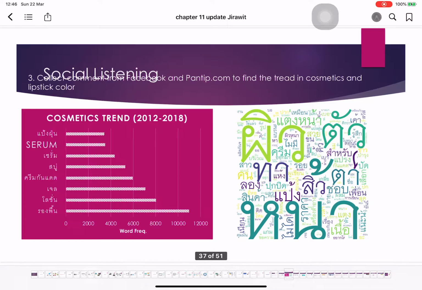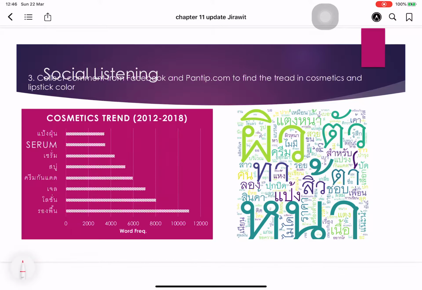Another social listening is about collecting common comments from Facebook or any social network platform to analyze the big words. This is about cosmetics.